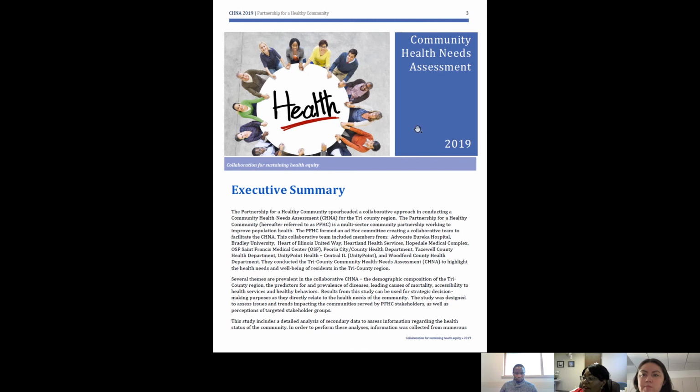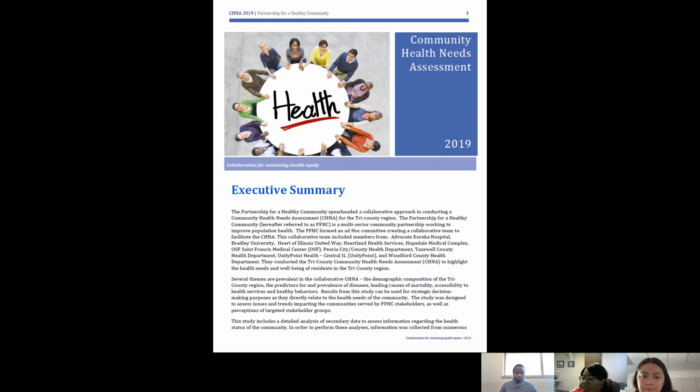So as I said, this is a collaborative effort. It's under the name Partnership for a Healthy Community. This is an emergent organization. It started more like a coalition of the health departments and the health systems.